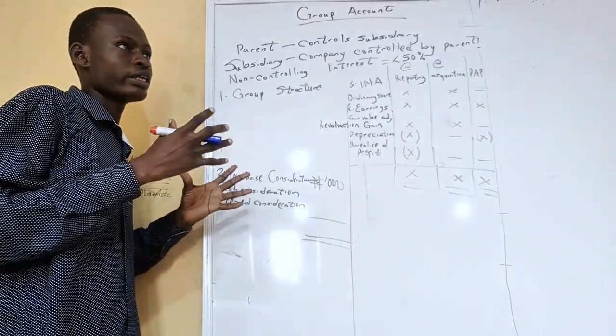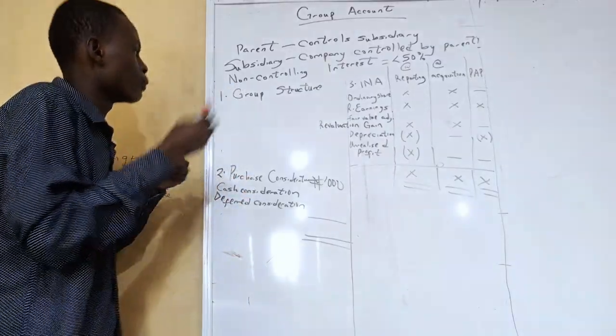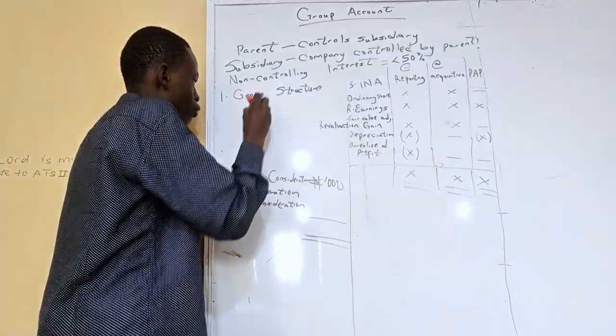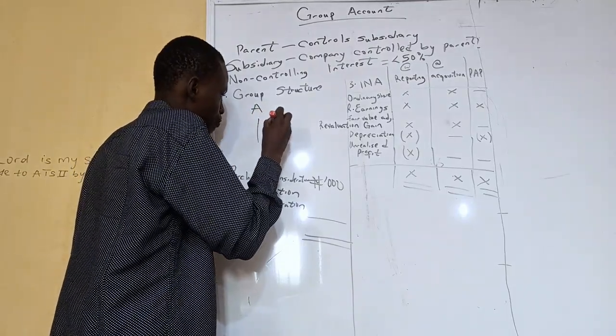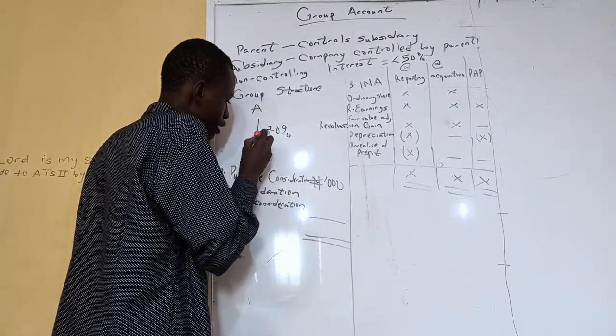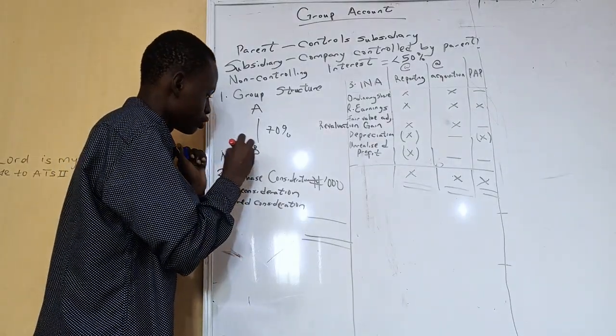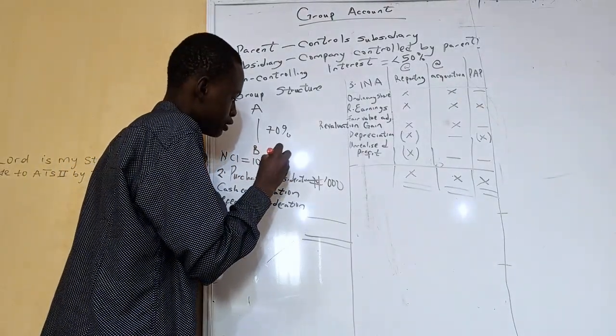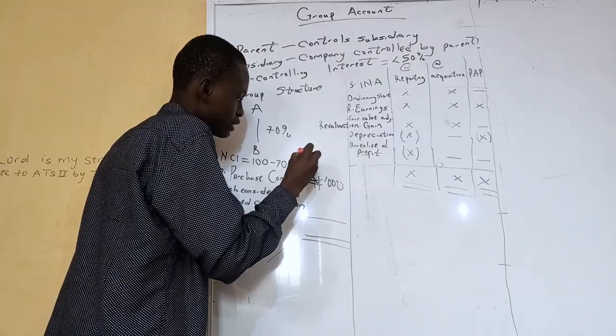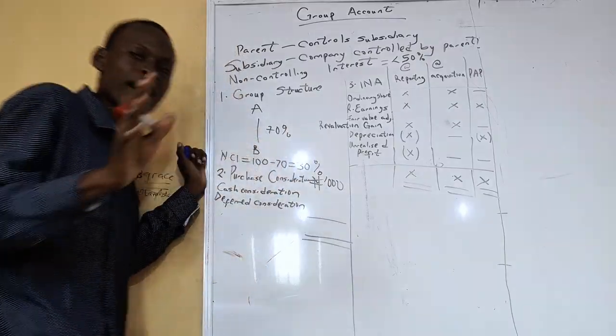The non-controlling interest is, let's say, when a parent A acquires 70% of B, the NCI is 100 minus 70, which equals 30%, the remaining 30% which was not acquired by the parent.